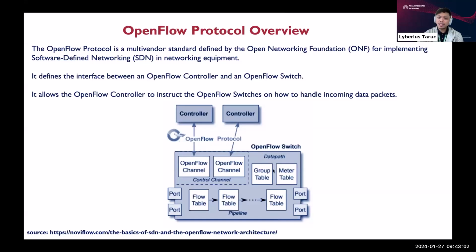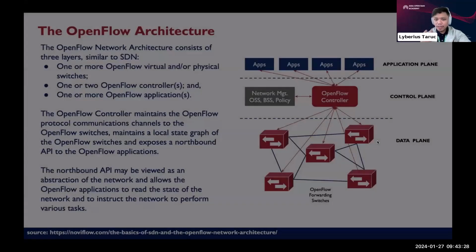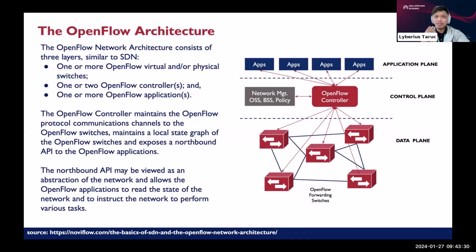But what I just want you to understand for now is that for you to have OpenFlow, the switch that would be using this protocol should be able to support it, obviously. And also, the controller is also able to support OpenFlow as a protocol because this is the means of communication between the two. Now, the OpenFlow architecture, remember that it was launched into public alongside the SDN architecture.